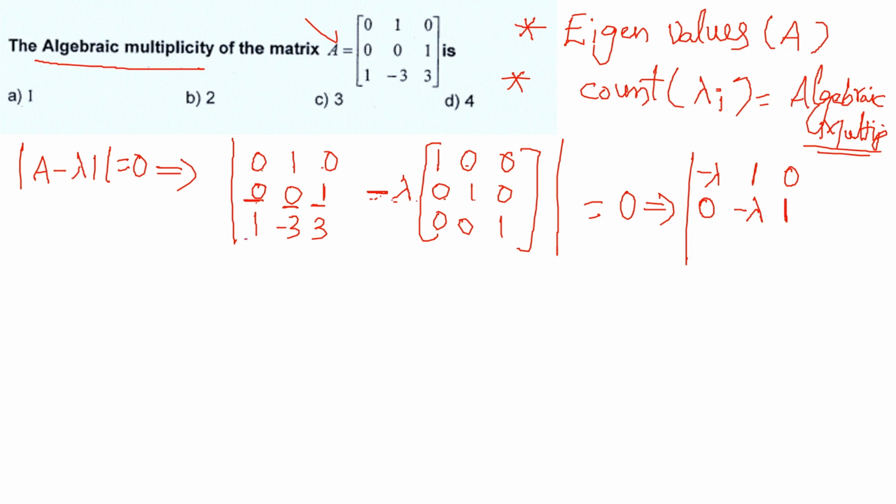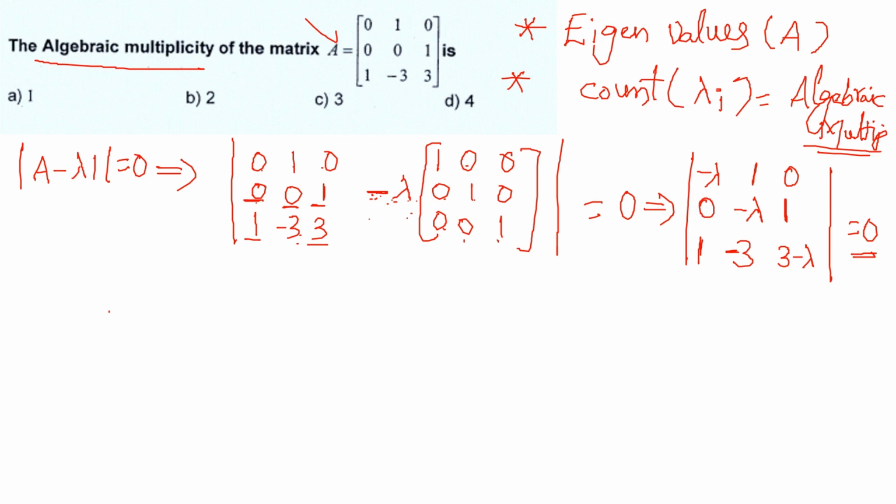Third element, 1 minus lambda times 0 is 0, 1 minus 0, 1. Minus 3 minus 0 is minus 3. Again 3 minus lambda times 1, that is 3 minus lambda, whose determinant is equal to 0.